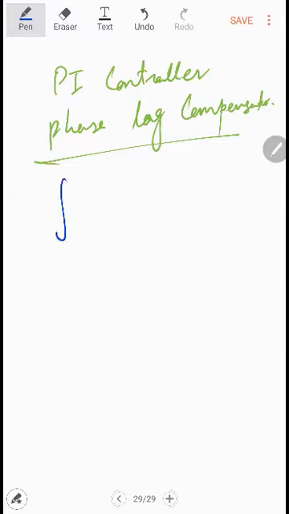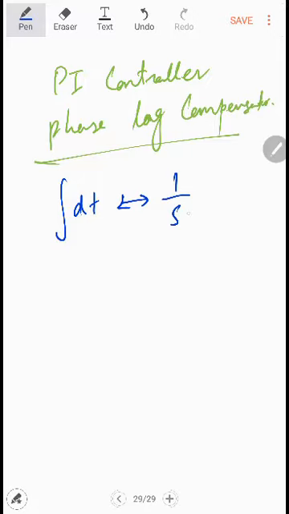Simply, if we have the integrator, the Laplace transform of the integrator is equal to 1 over s. Since s is a complex quantity, it has a real and an imaginary part. You cannot ignore the real part, but let us say that the real part is equal to 0.